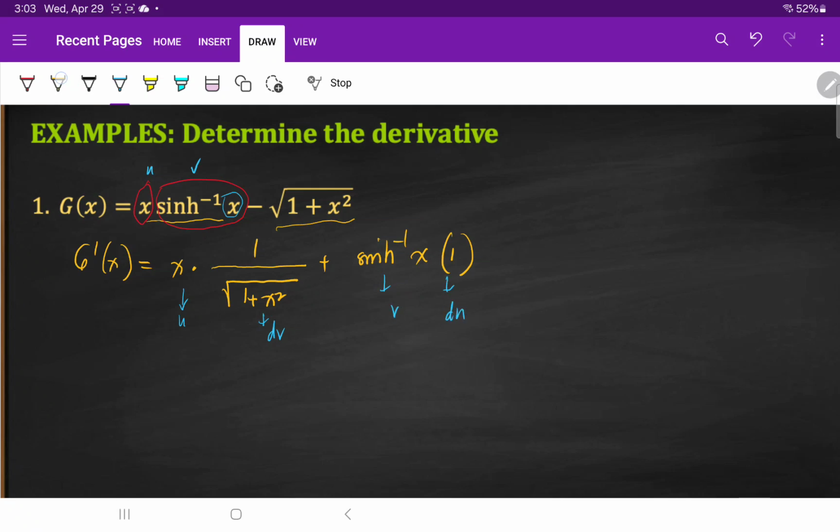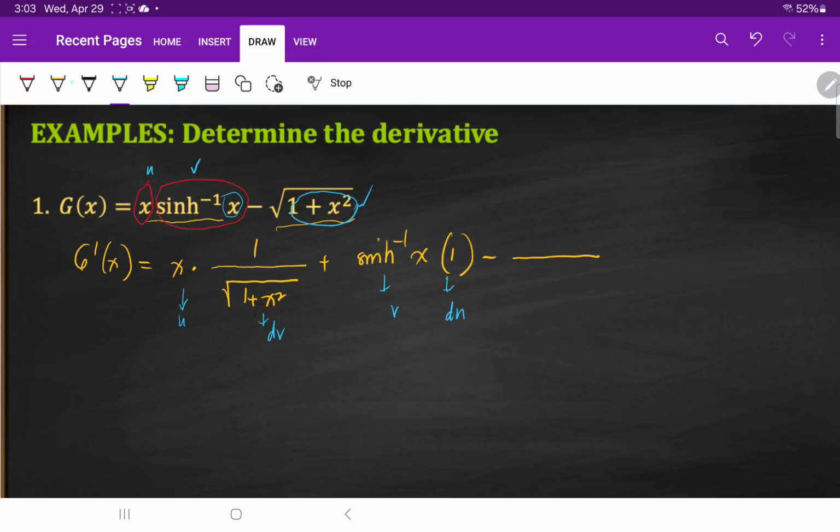Then minus the derivative of the square root of 1 plus x squared. We get the derivative of this one, which is the derivative of the square root of u, where u here is 1 plus x squared.